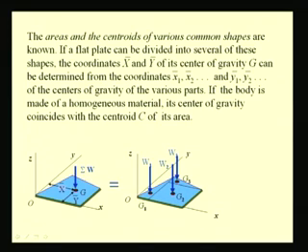We find that this shape can be decomposed into, let us say, one rectangle and two triangles, and for these simple shapes the location of the mass center is known, that is, let us say, G1, G2 and G3 are the locations of these mass centers.